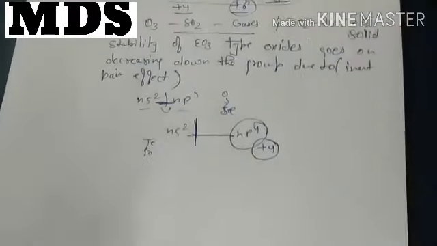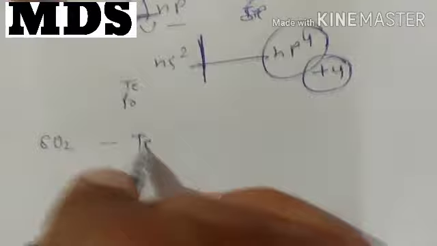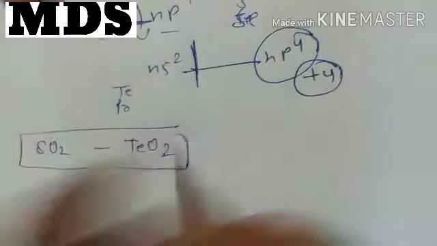Now the next thing you need to tell in the oxides is about sulfur dioxide and tellurium oxide. An exception question arises there.